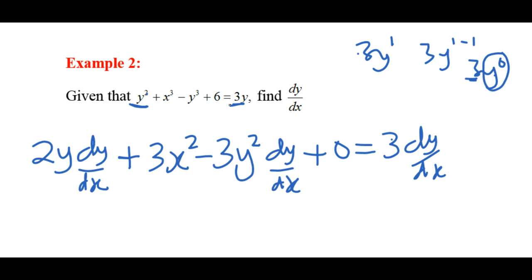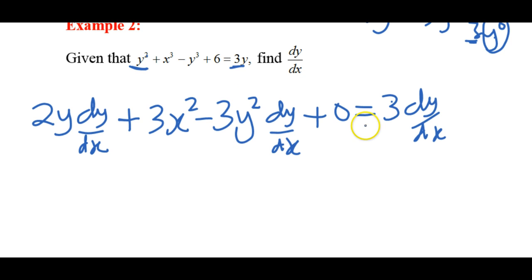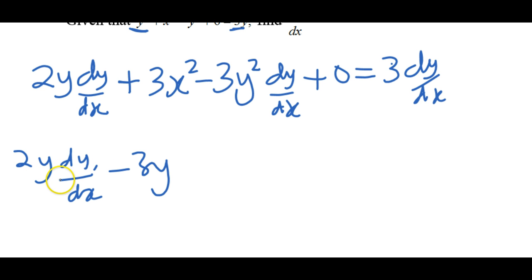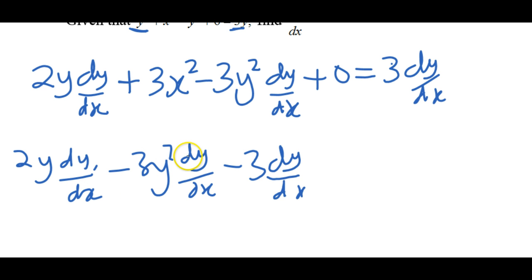So I can rearrange this one in order to get what I want. By rearranging, I'm grouping all the dy dx terms to one side. So I have 2y dy dx minus 3y squared dy dx minus 3 dy dx is equal to, and I have only this one left, which is negative 3x squared.